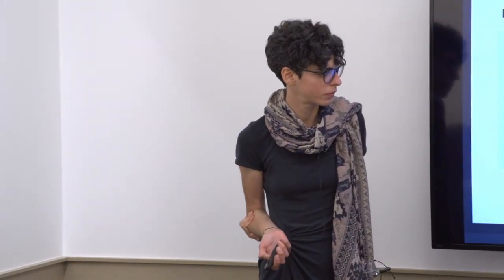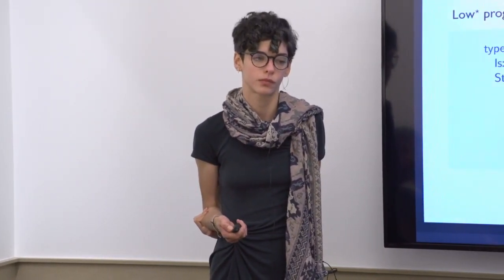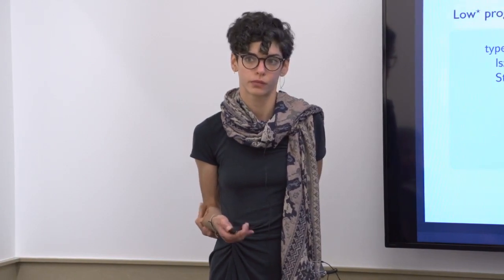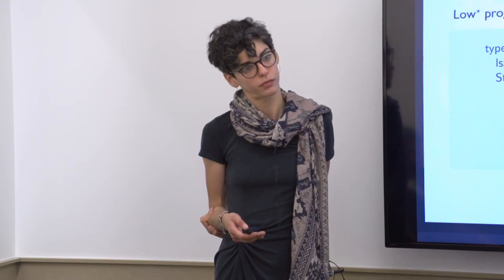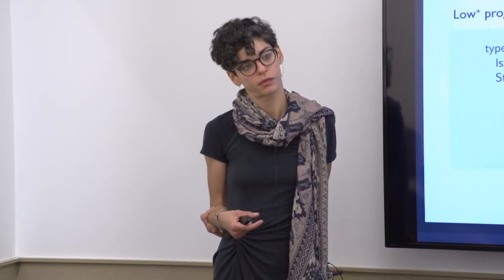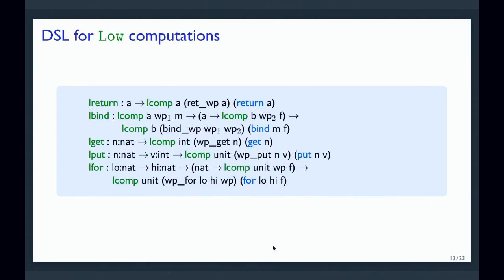Yeah. So really what we're trying to do here is, by construction, relate low-level stateful programs to their high-level pure counterparts, so that instead of writing the low-level code first and then fighting to show that it does the high-level thing, at every step, at every combinator, the two are constantly related. And again, low computations come with a DSL that's very similar to the high-level DSL.